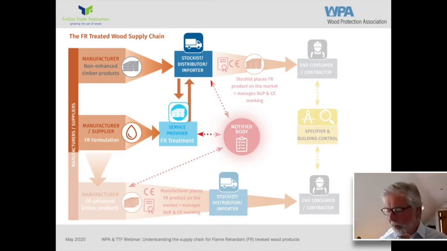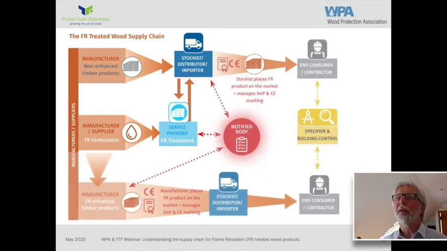And that treatment service provider is supplied by another class of manufacturer making the chemicals, making the flame retardant formulation. Because the stockist distributor importer in this particular relationship is placing on the market the flame retardant treated product, both that company and the treatment company need to be assessed and accredited and authorized by a notified body.